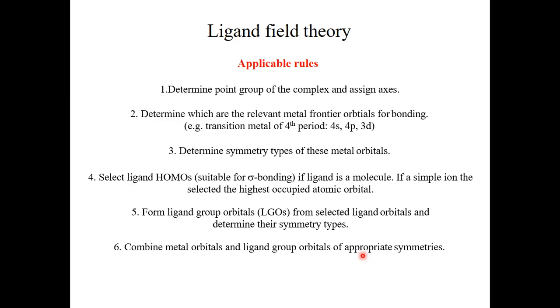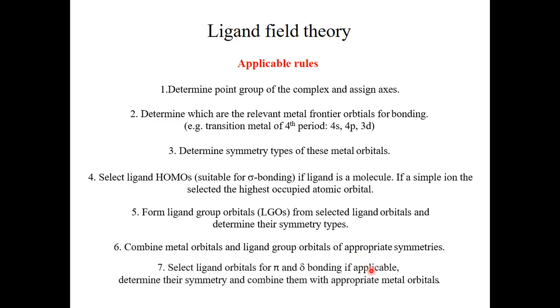So now, however, we have only formed the molecular orbitals relevant for sigma bonding, because we have selected the HOMOs suitable for sigma bonding. So for the next step, you now need to look again into your molecular orbital diagram of the ligand and see if there are also molecular orbitals suitable for pi bonding with the metal.